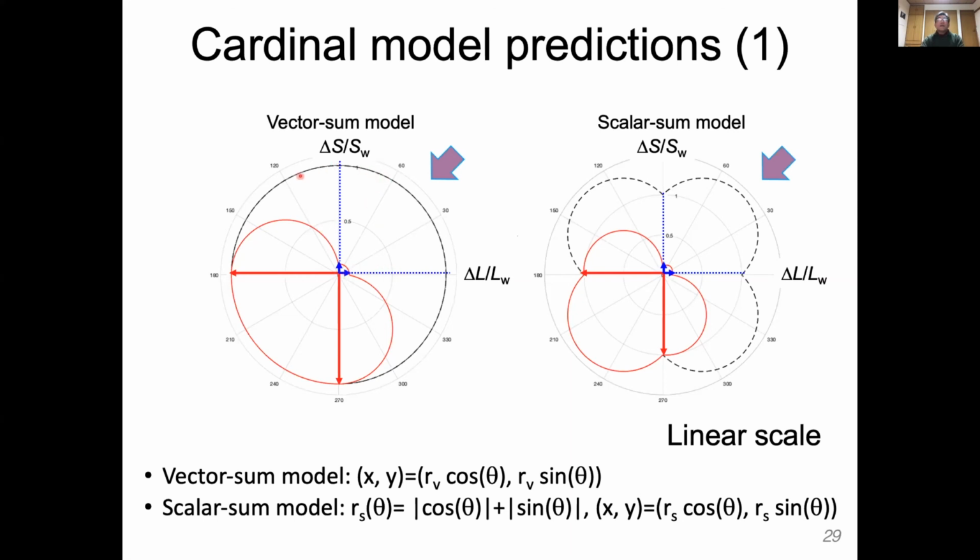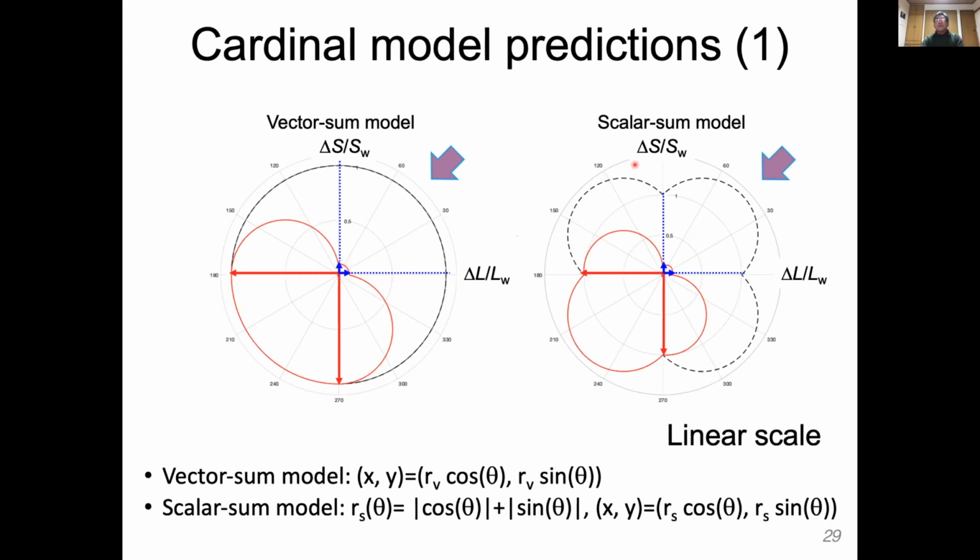The black line here shows the prediction in the ideal condition without presenting the mask. When the mask was presented, for example at 45 degrees, the two systems corresponding to the positive direction of L and the positive direction of S have their response reduced, and the predicted response would be like the red line shown here.